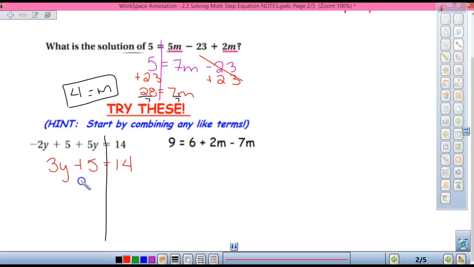Good. And minus 5 and minus 5. 3y equals 9. Good. So what do I do next? Divide by 3. y equals 3. Good.